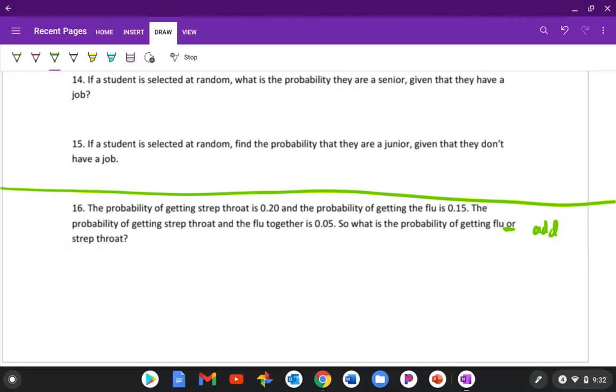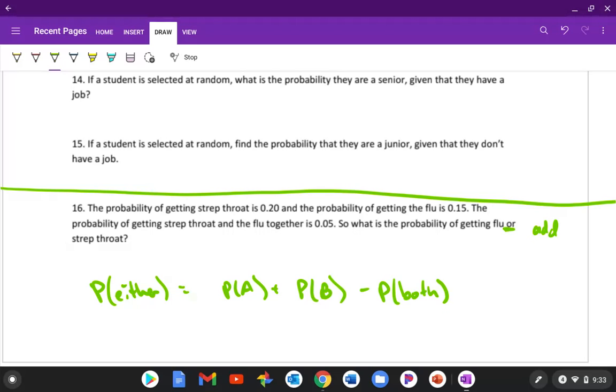But also remember that if there's a both, the probability of either is the probability of A plus the probability of B minus the probability of both. So in this particular problem, strep throat is 0.2, flu is 0.15. Probability of both of them is 0.05. So you do the first one plus the second one minus the third one.